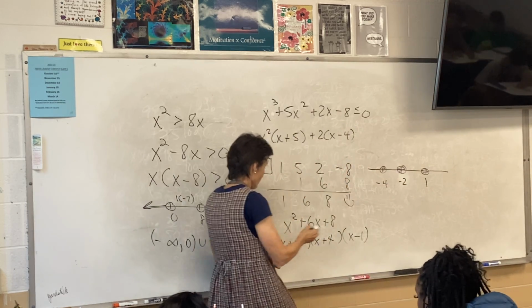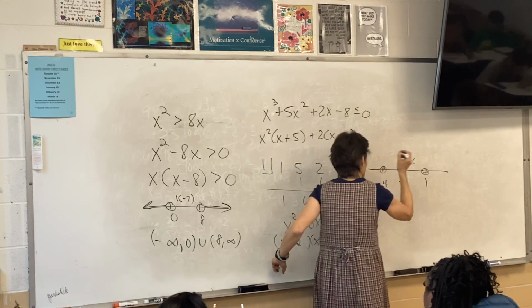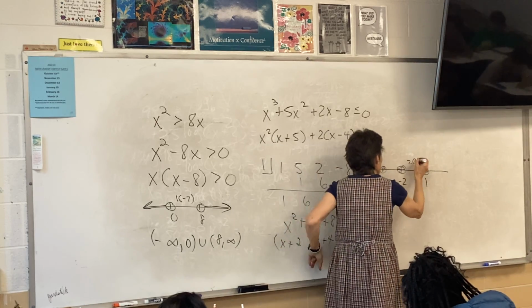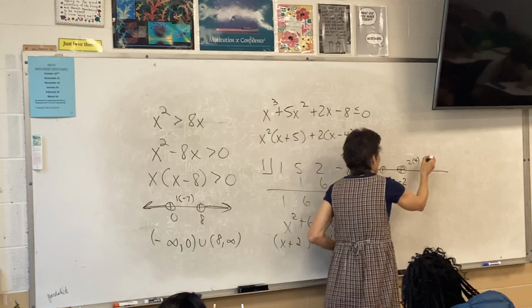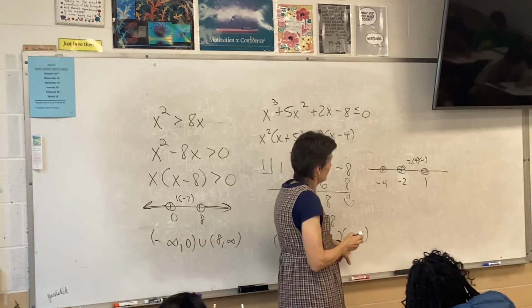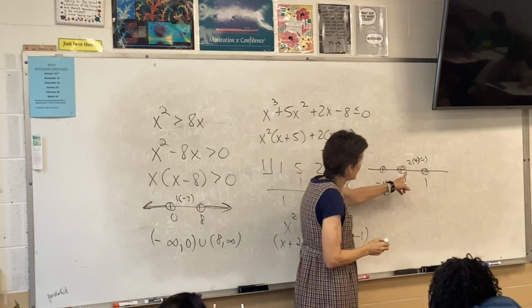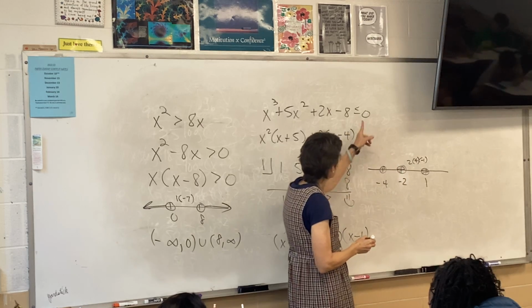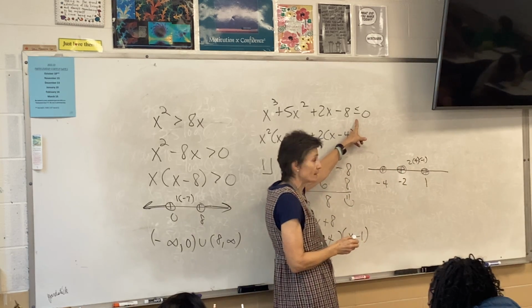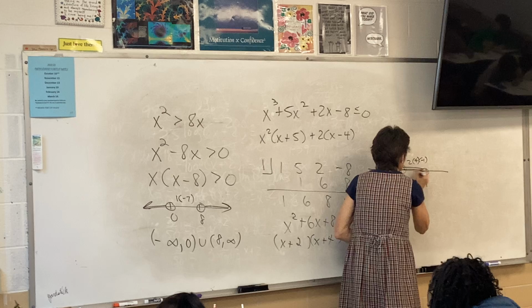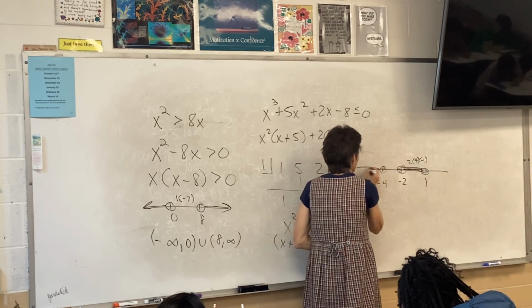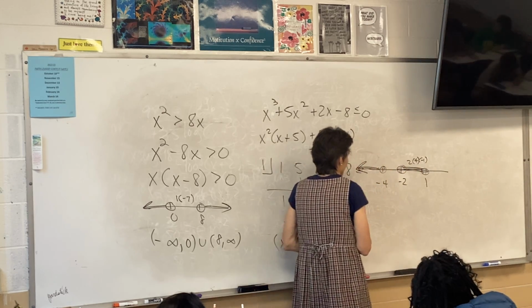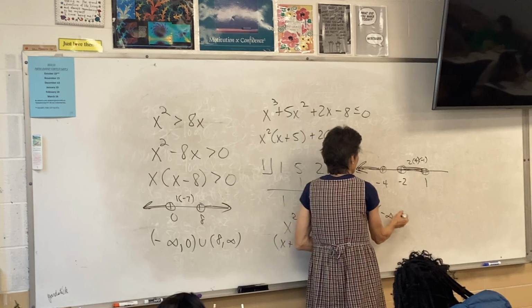So 0 plus 2, 0 plus 4, and 0 minus 1. Did I get an answer less than 0? Yes. Yep. Shade it. So negative infinity to negative 4, or negative 2 to 1.